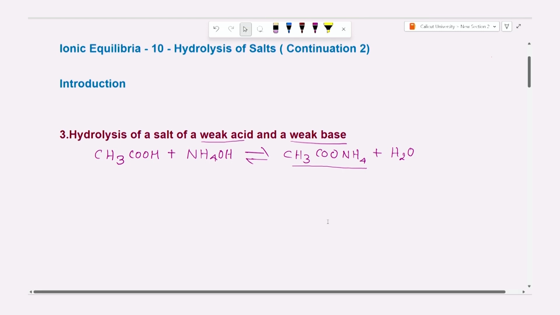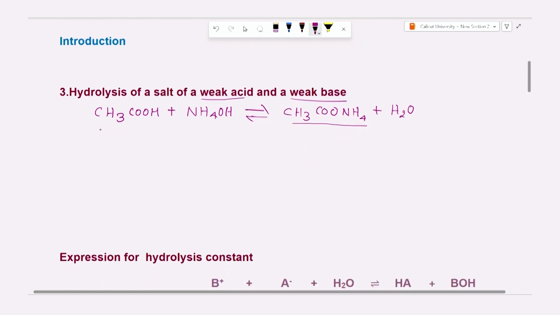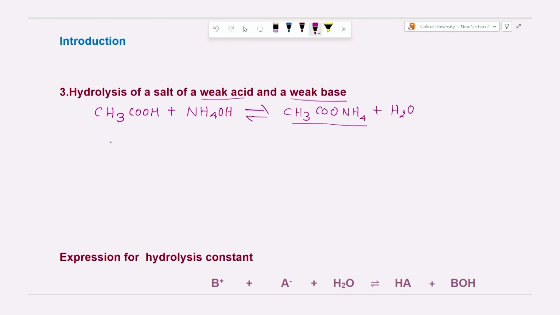Now, let us see what happens in this case. Here I have CH3COONH4, this is the salt. That was the acid and the base which neutralized each other to form the salt.